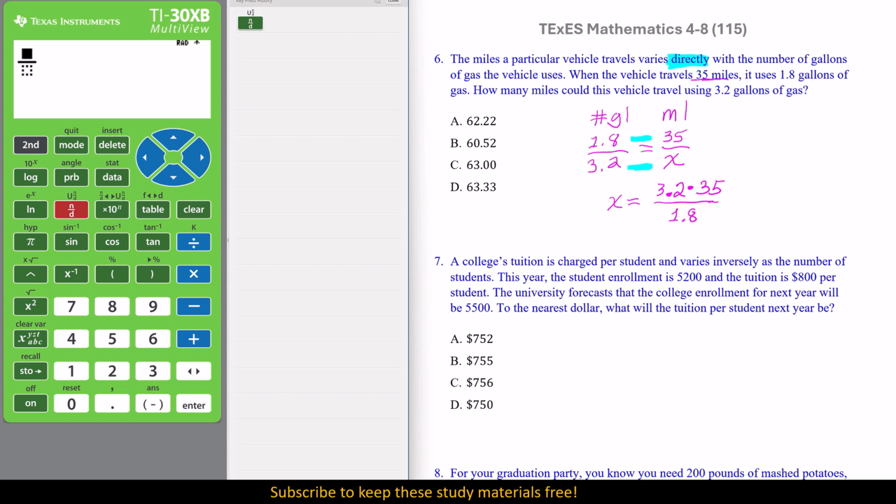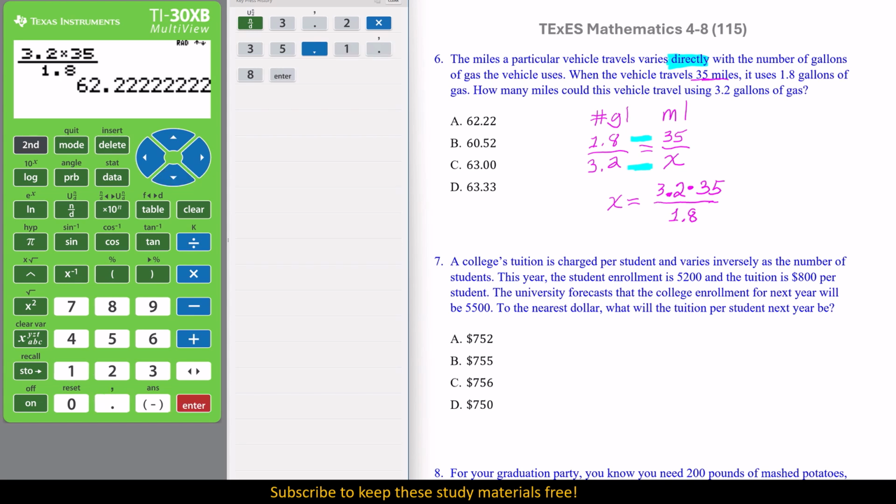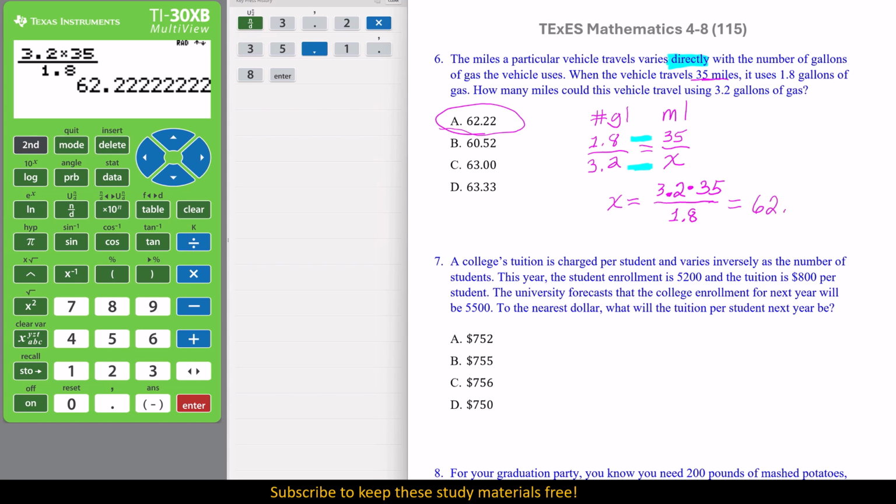Let's go over here in our calculator. 3.2 times 35, go down, divide that all by 1.8. And looks like we have a bit of rounding. It's pretty obvious which one it is. It's option A. I mean, we could have said 62.2 with that repeating too, which would be a really good value, but we have to go with the answers they gave us, okay?